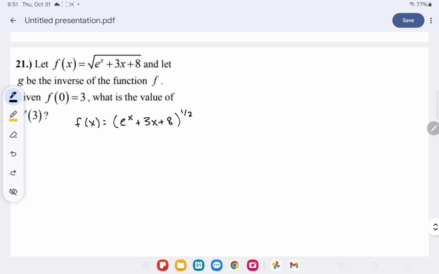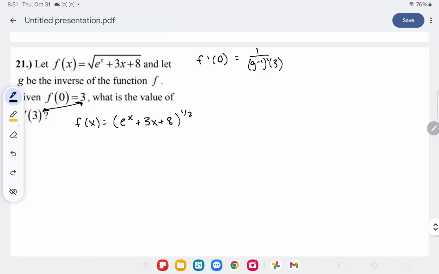So we want to start by finding, because this y value matches that x value, these are corresponding points. So basically the derivative of f at 0 is equal to the reciprocal of the derivative of g at 3.